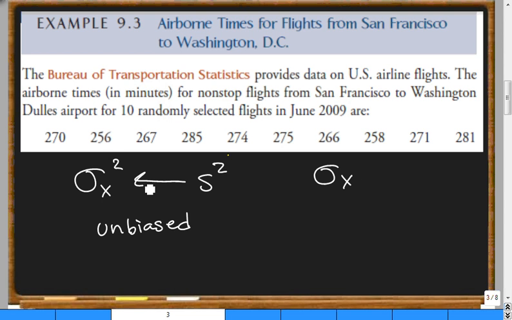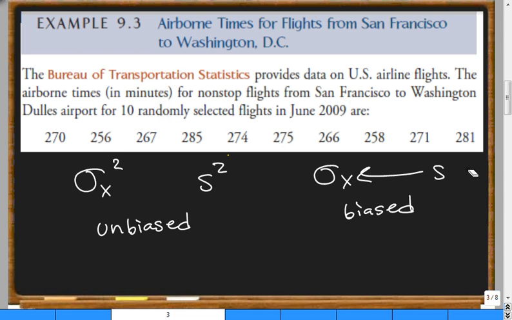Apologize. We can use our sample variance, S squared, to estimate our population variance. But this is unbiased. Now, S does not follow. This is a biased statistic, but we use it, okay? We use S to estimate our standard deviation, even though it is biased.